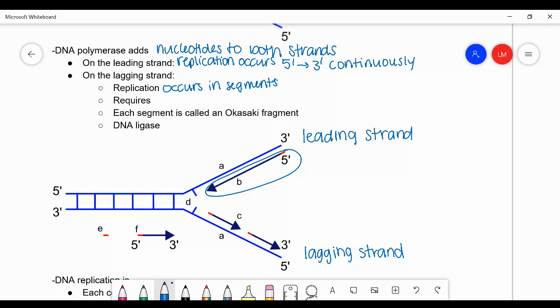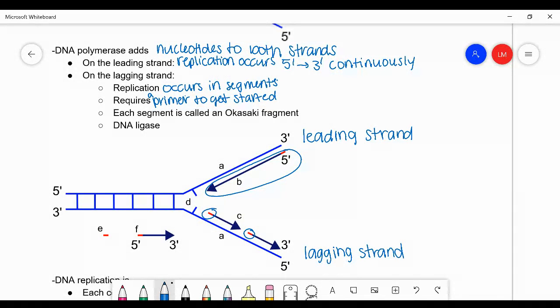It requires a primer to get started, which you can see here, that's this little red piece. Those are the primers that say, all right, I'm going to attach right here, and then you can replicate. And then each of these segments is called an Okazaki fragment, named after the scientist that discovered this.